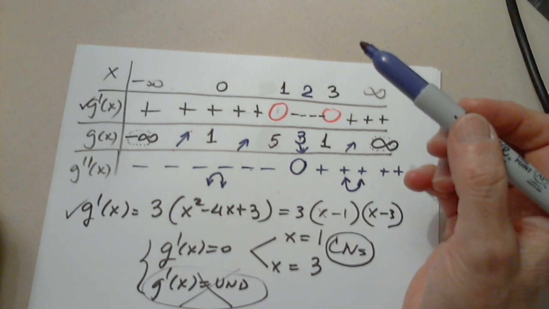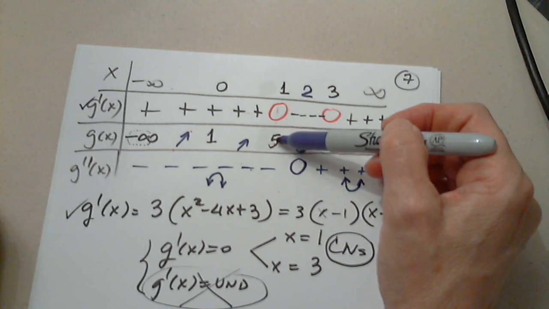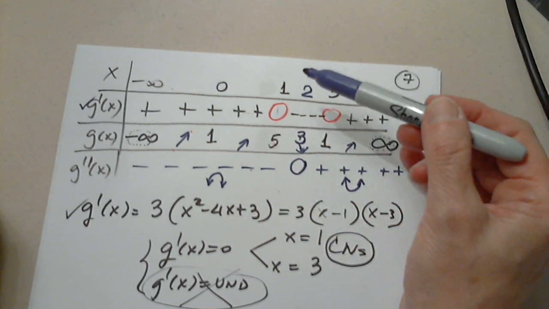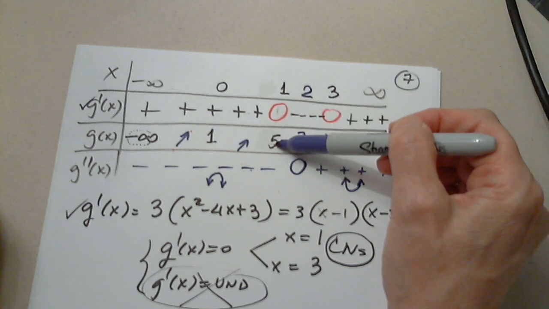What type of point is 1 comma 5? I should have asked that before going to the second derivative. Sorry about that. What type of point is 1 comma 5?